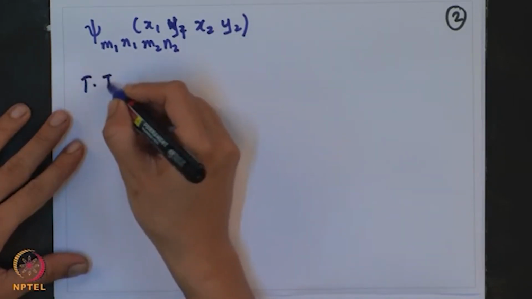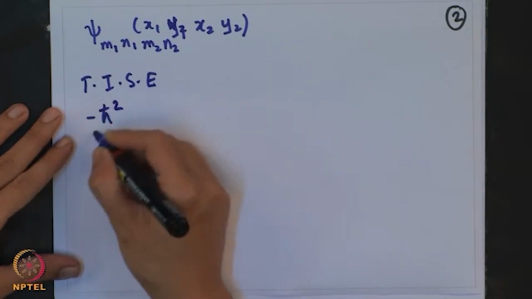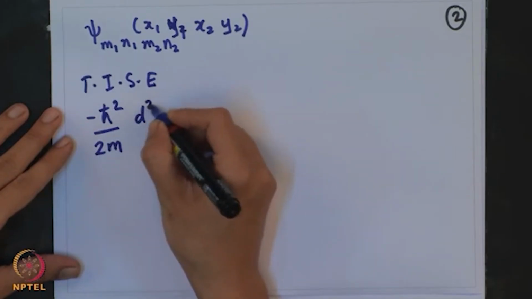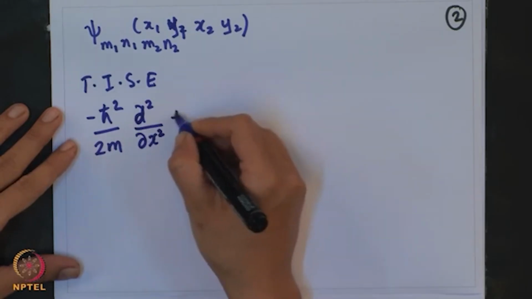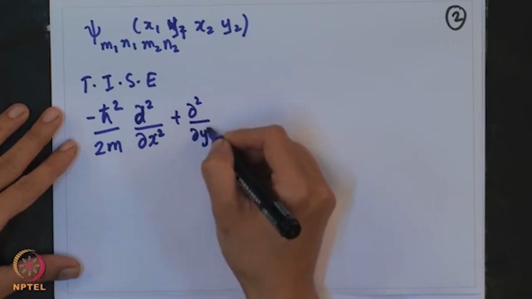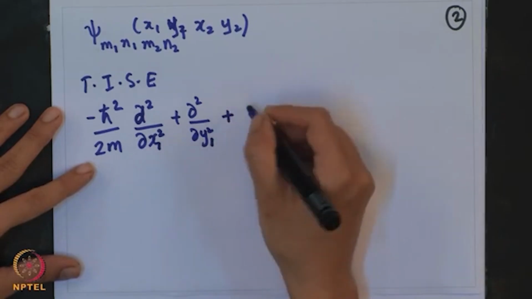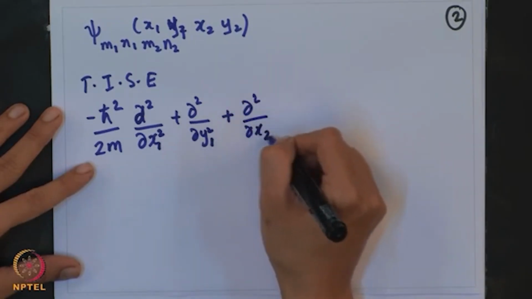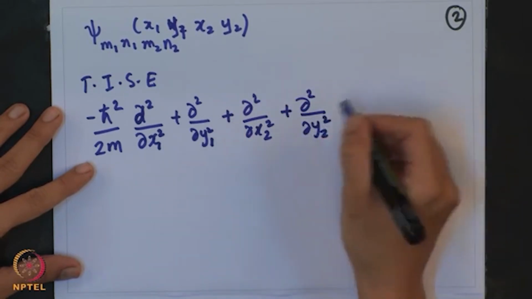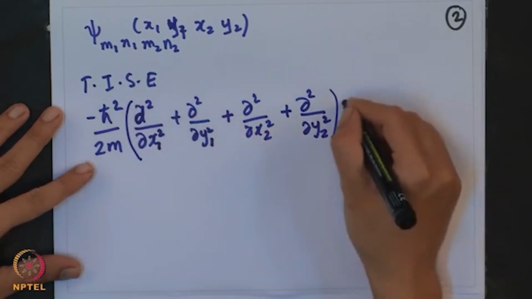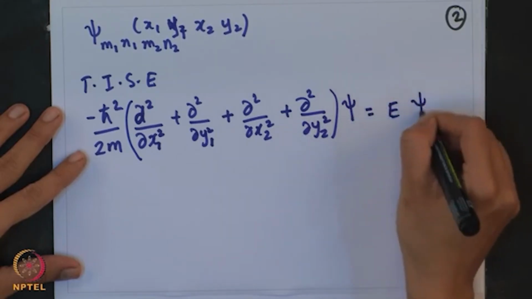The corresponding time independent Schrodinger equation will be minus h cross square upon 2m times del square by del x square plus del square by del y square, with x1 y1 for particle 1 plus x2 and y2 for particle 2, acting on psi, equal to E psi.